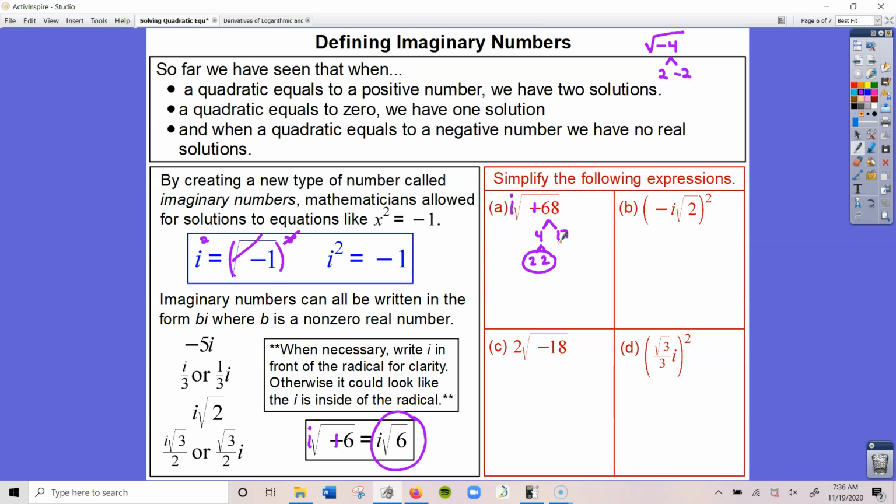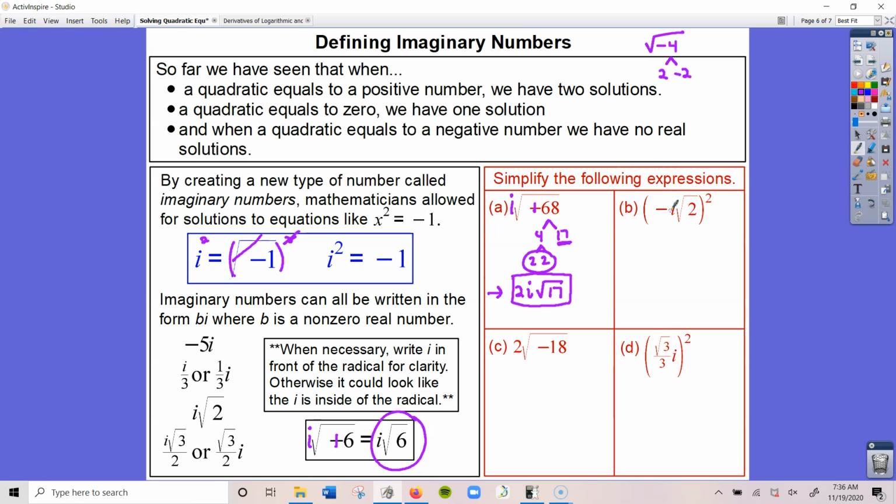So here's a pair, and the only two numbers that multiply to give you 17 are 1 and 17, so that one will have to stay inside. When I'm rewriting this radical, the 2 goes outside with the i. So this would be written as 2i square root of 17.